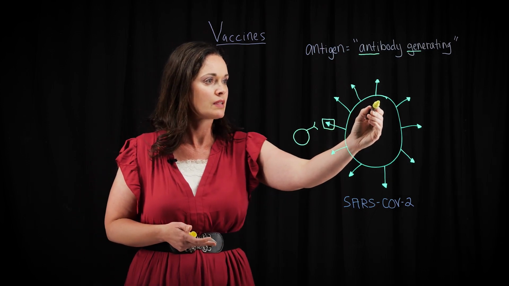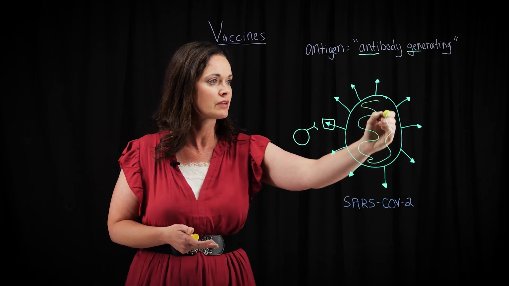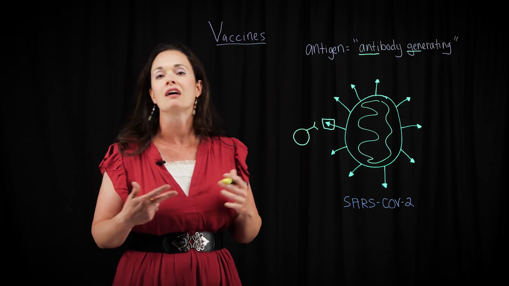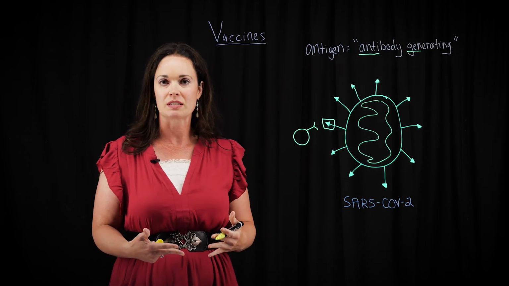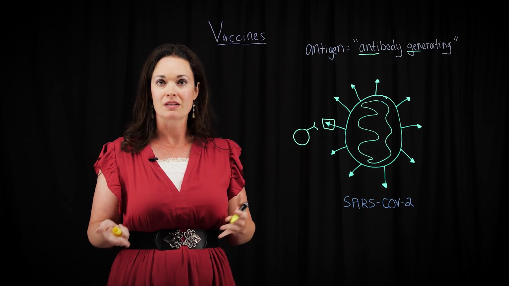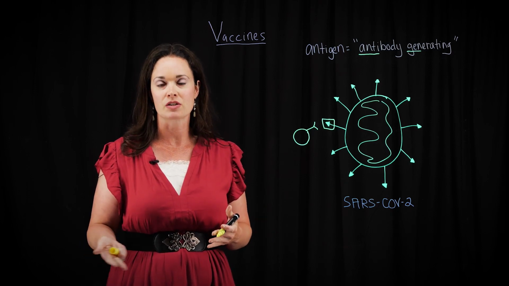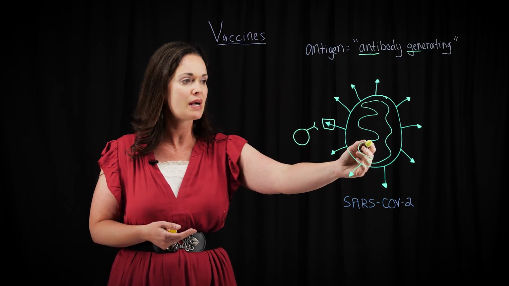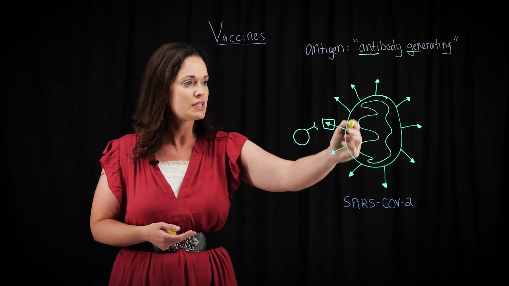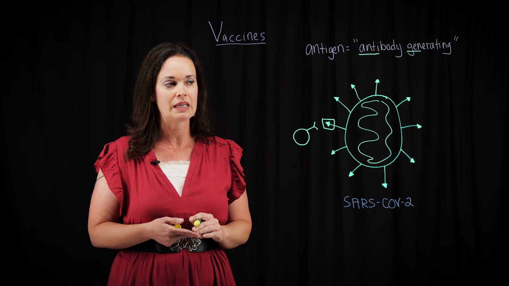The rest of this virus, these parts in here, are not necessarily antigenic to the body, so they're not what the immune system is going after, but they're necessary for the reproduction or the replication of this virus. So when the virus gets into your body, it's going to start reproducing using materials that are in here.